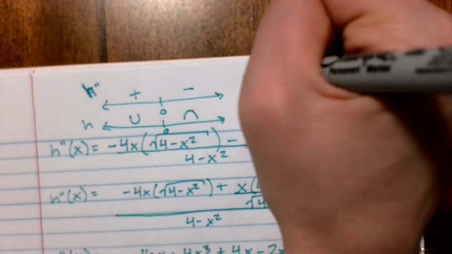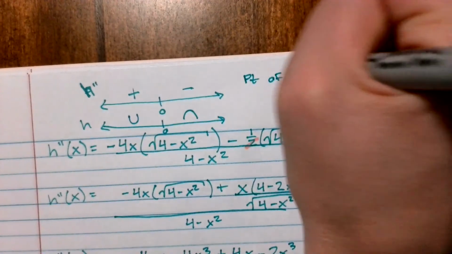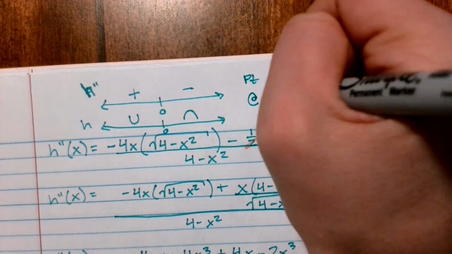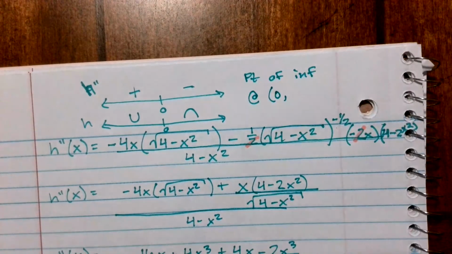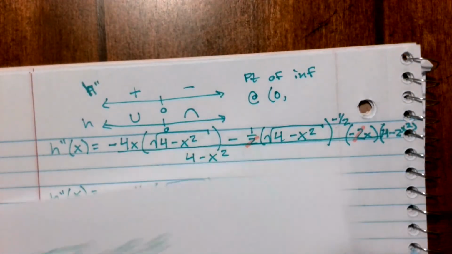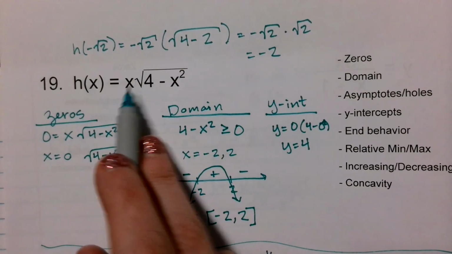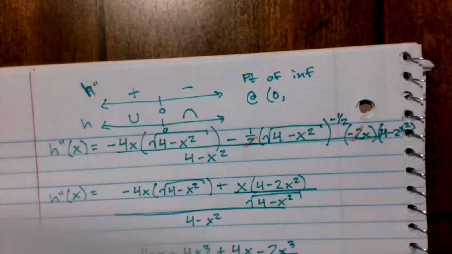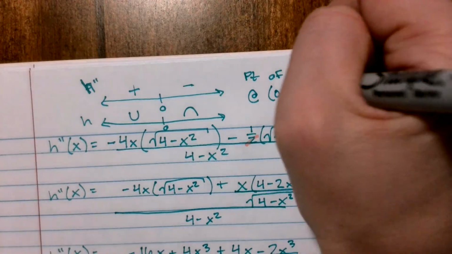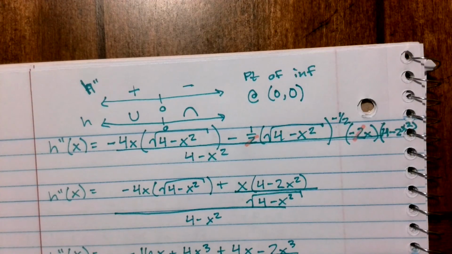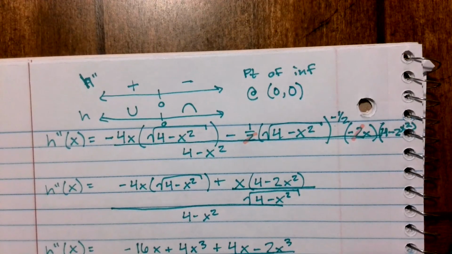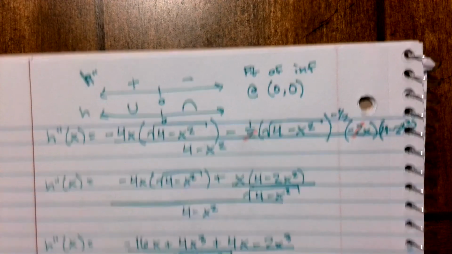So we do have a point of inflection at 0, plugging into our original function, our 0, we would get 0 times something, which is 0. So our point of inflection is at 0, 0. Whew. All right, we are finally ready to put it all together.